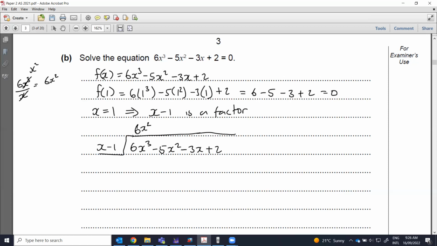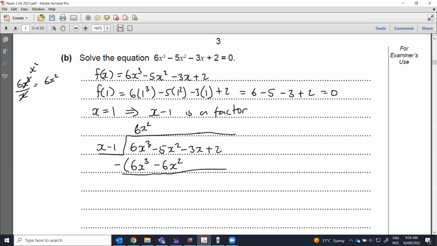As soon as I write something up here, I must multiply it by these two terms over here. So x times 6x squared gives me 6x cubed, and then negative 1 times 6x squared is negative 6x squared. Whenever I write something down here, I need to subtract.